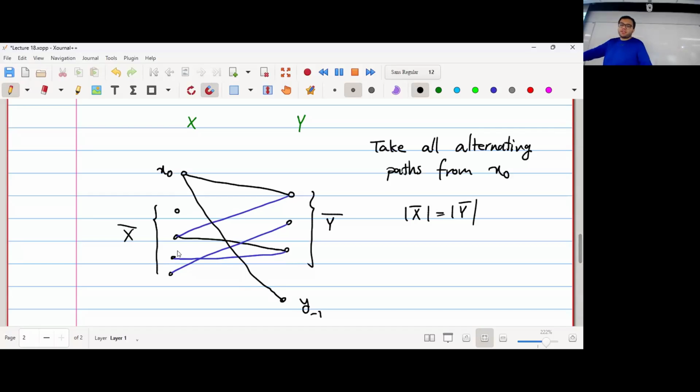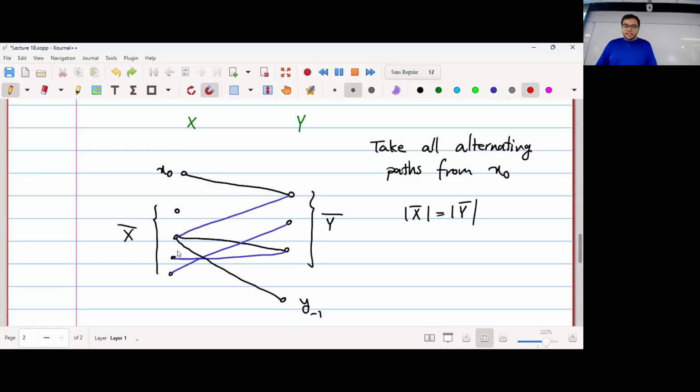So it cannot be a neighbor of X0. So suppose that it's a neighbor of some other vertex. Let's say it's a neighbor of this X bar. Then I have this path, the path from X0 to that vertex plus the edge to this new vertex. And this is an augmenting path.